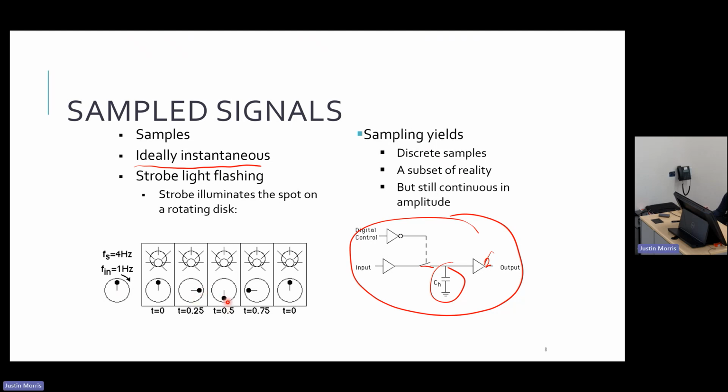At 0.5, we would see it at the bottom. At 0.75, we'd see it at the left. And then time 0 occurs again because that is the full rotation. So we don't actually see the full rotation of the strobe light. We're only seeing these 1, 2, 3, 4 distinct positions of it. But from those positions, we can interpolate that it was rotating clockwise, right?